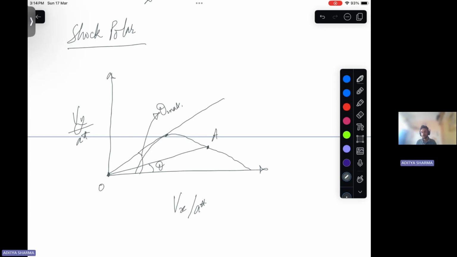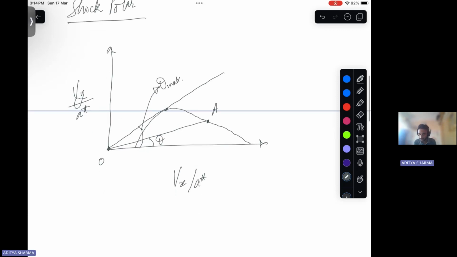Beyond this in this curve, if we have to draw some line from the origin and it has to touch your curve, we cannot go further beyond this point in terms of the deflection angle. So this defines our theta max.